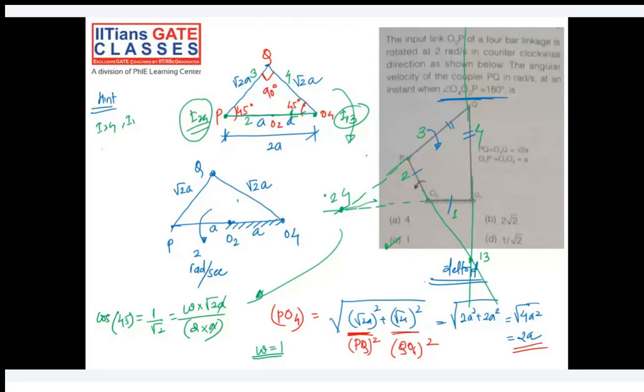You can make use of this 2, 4 also, because they are asking us to calculate the angular velocity of, oh no, the coupler they are asking. So I don't see that we can find it out very quickly. But yes, you can use basically this particular link.